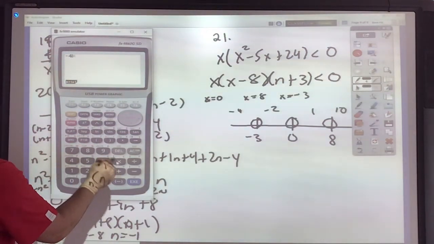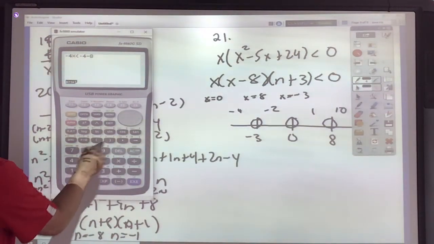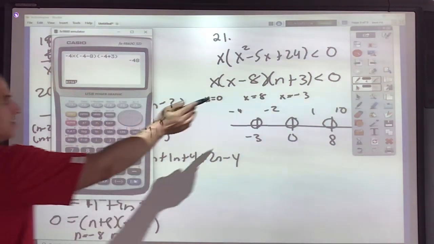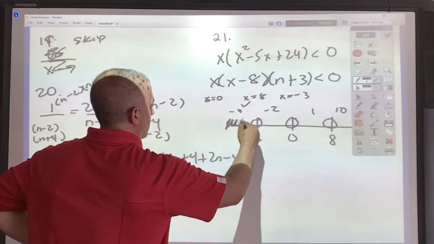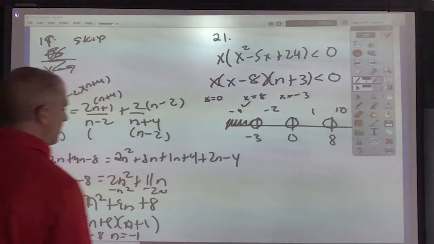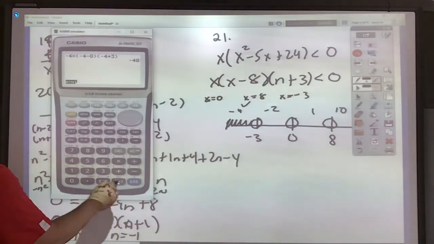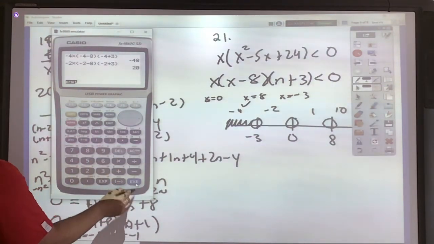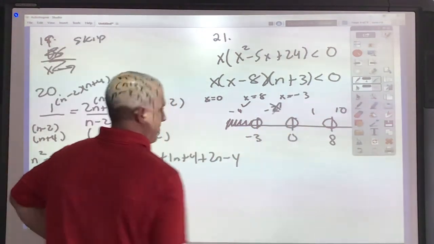Negative 4 times negative 4 minus 8, negative 4 plus 3. Now it's a negative number, that's what I want, because I want less than 0, okay? Then I go negative 2 times negative 2 minus 8, negative 2 plus 3. That's positive 20, I do not want that, all right?